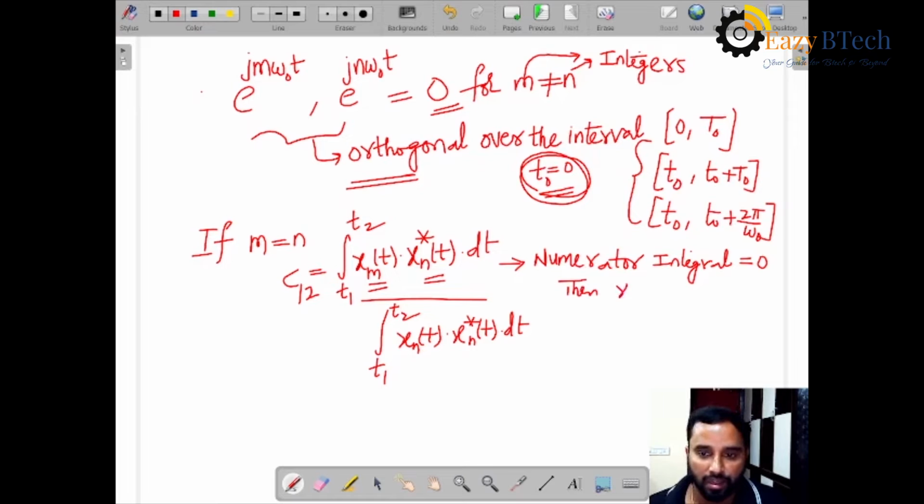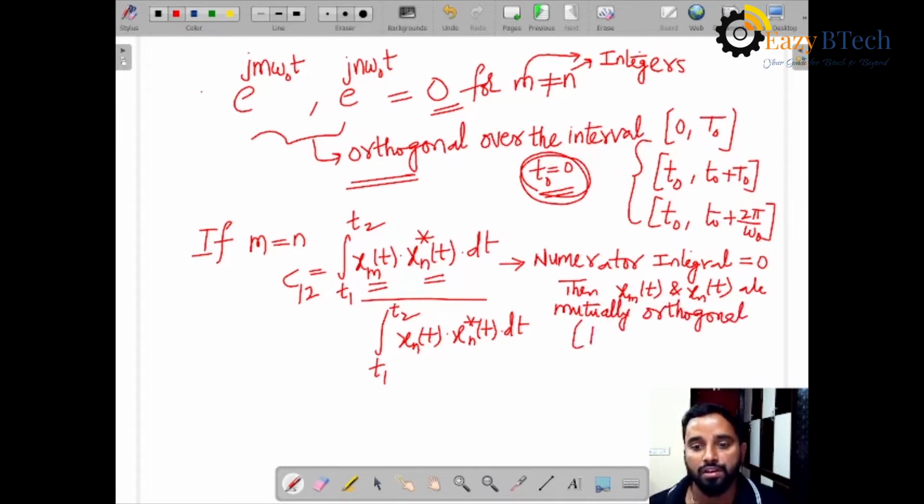So if the numerator integral is 0, then x m of t and x n of t are mutually orthogonal over the limits t1 to t2.